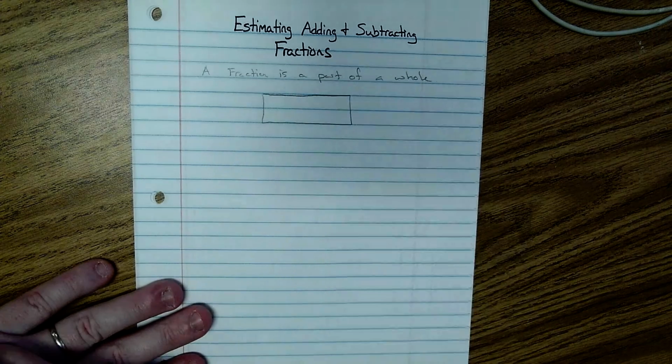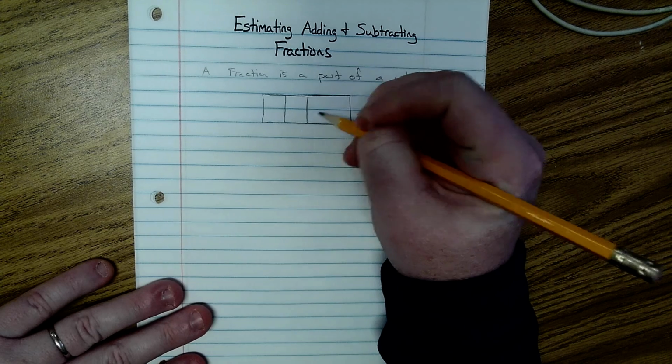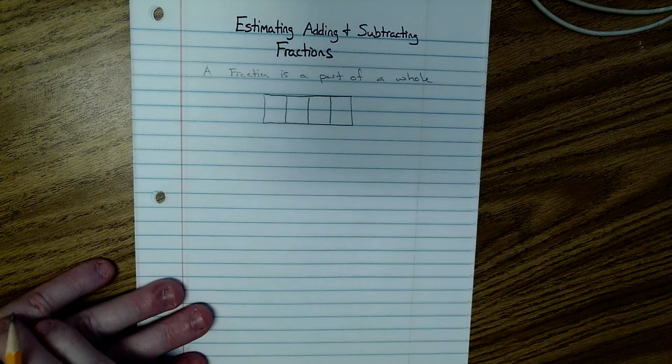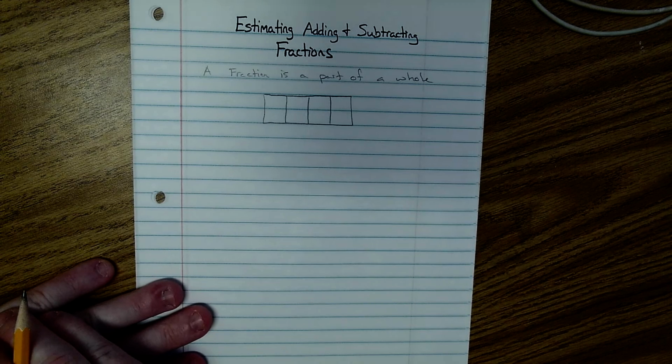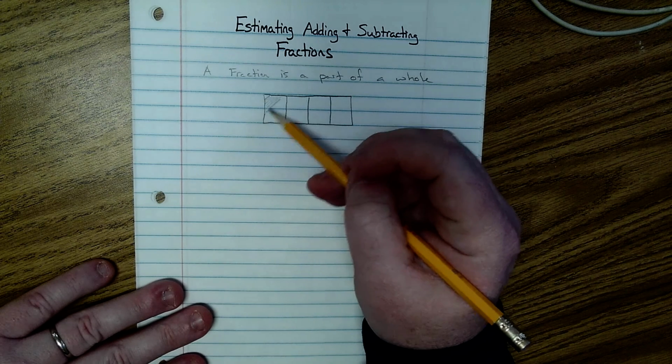So, if I had a Payday and I broke it up into four equal pieces, we have four equal pieces. And then I gave a part of my candy bar to my daughter. So, I gave one part of it.